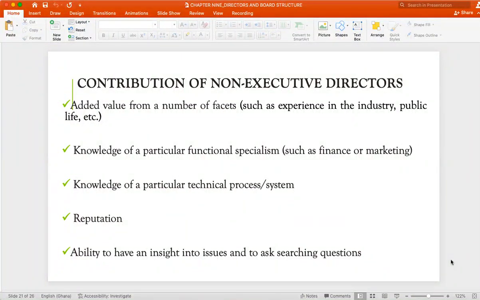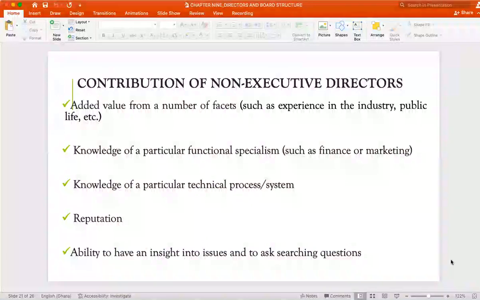So these people should have some functional expertise, either in banking, finance, marketing, accounting, law, or something of that sort, that they bring on board to provide their professional advice in these particular areas. They also tend to have knowledge of a particular technical process or system. So it's similar to the other one.